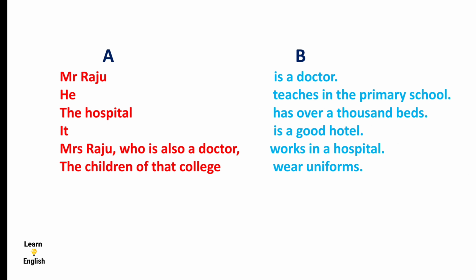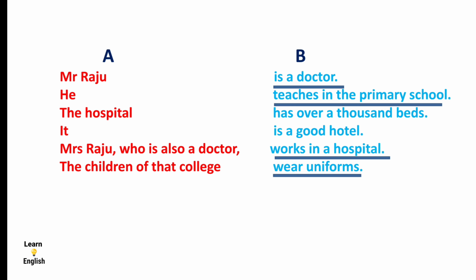Now, looking at the predicate part of the sentences, under column B, we find that it can have a verb with a noun complement: is a doctor, wear a uniform. A verb with an adverb phrase: teaches in a primary school, works in a hospital.